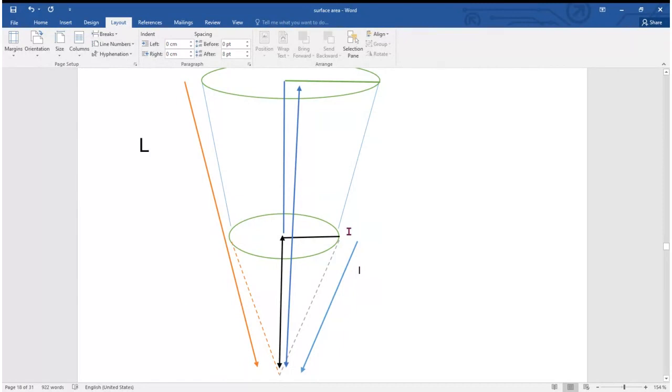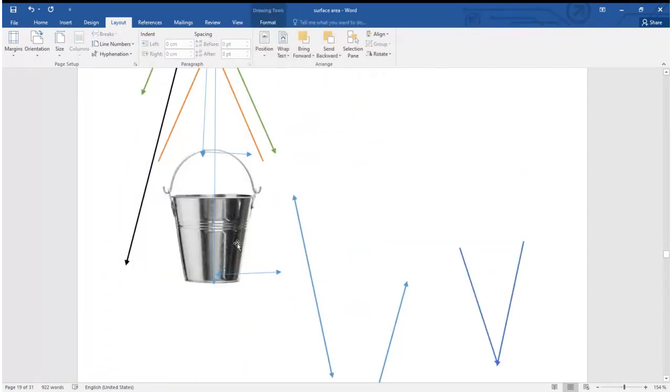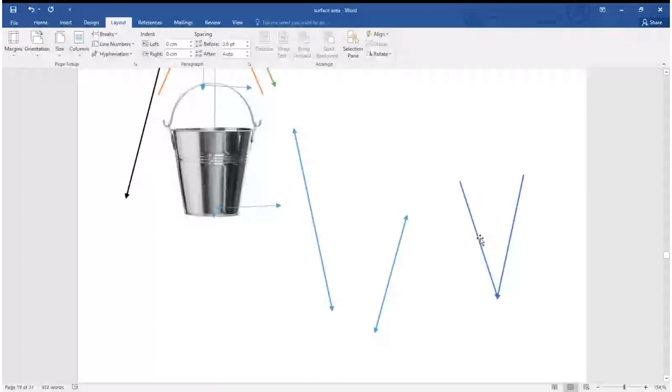Let me show you where the bucket is. Here's the bucket. This one is my bucket here. So I extrapolate. To extrapolate means I add a line. So you come and insert a line here.